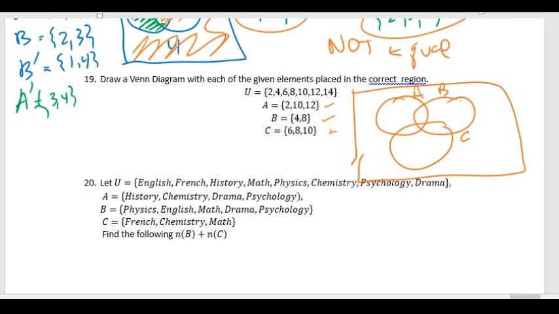So we would place 8 right here. And what does A and C have in common? 10. So 10 would go here. Now for A, we're also going to have 2 and 12. For B, we have a 4. And C, we have 6. And now any numbers that we didn't use that are in the universal set. We have 2, 4, 6, 8, 10, 12. So 14 would be out here.